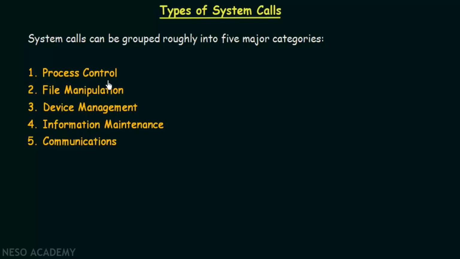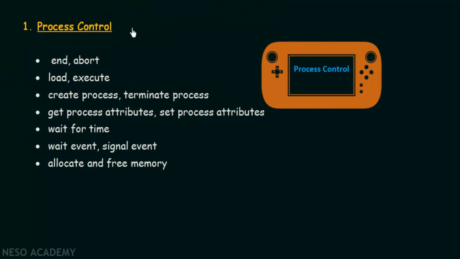Alright, so let's start with the first one, which is process control. By process control, what we mean is the system calls that are used for controlling the processes. So we know that there are various processes running in our system, and all these processes need to be controlled. For example, when a process is running, it has to run and it has to terminate or halt either normally or abnormally.